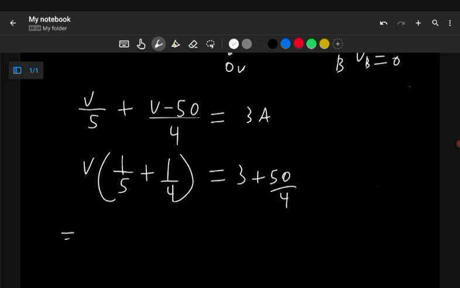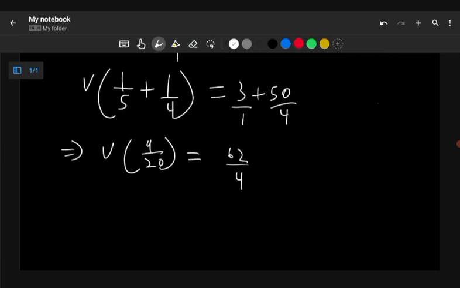So if we solve it further, we'll get V into 9 divided by 20 is equal to, let's take this as 3 by 1, this will become 62 divided by 4.